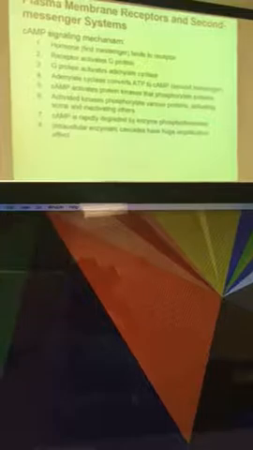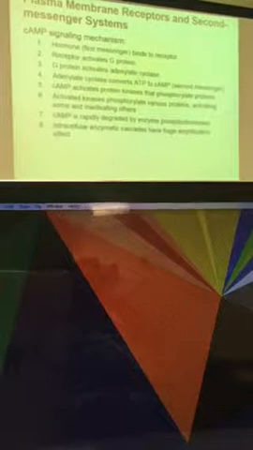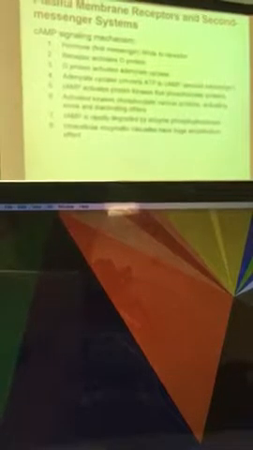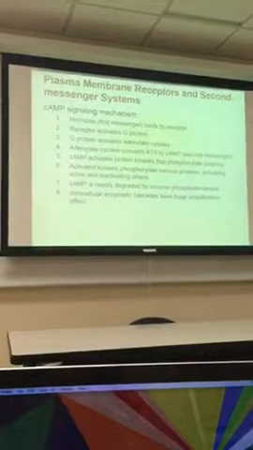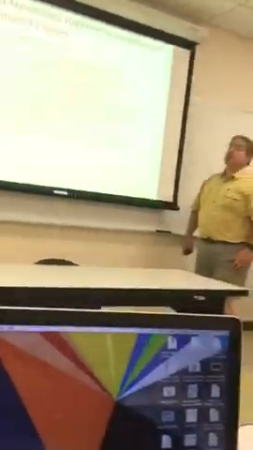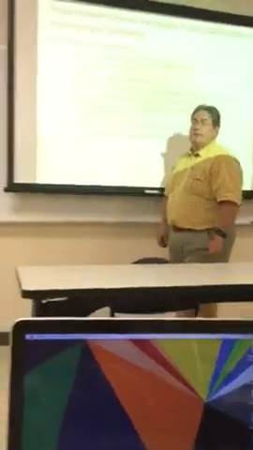Okay? This is the method or the action of water-soluble hormones that have their receptors at the membrane of the cell. It's a long list. It uses a series of internal messengers. It is very much like the G protein mechanism.